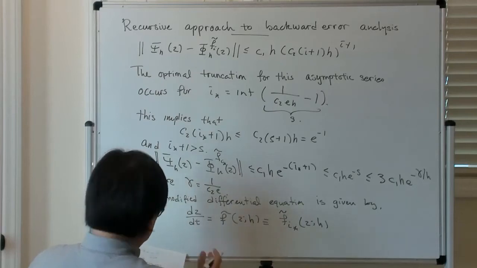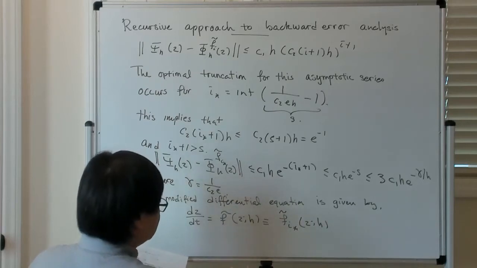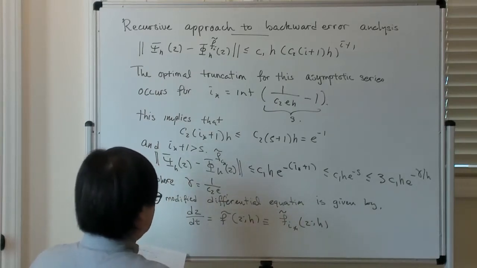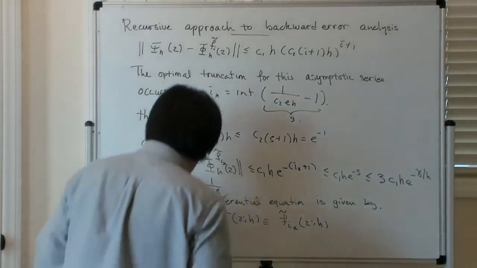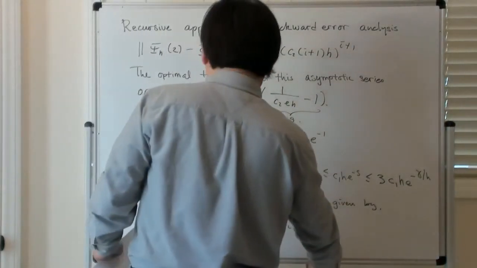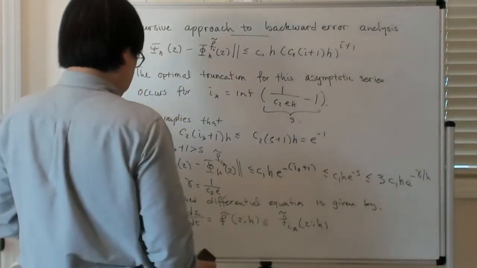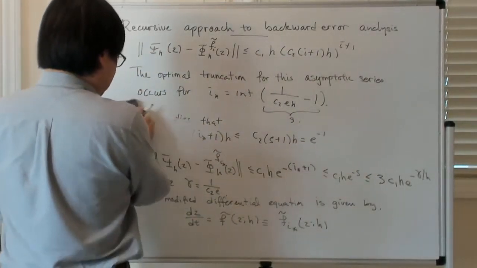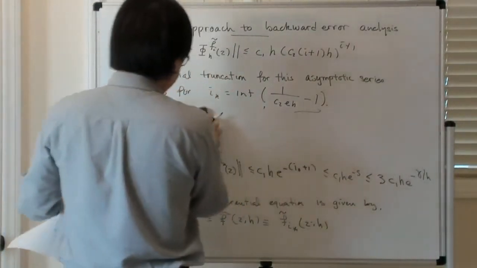This is in contrast to what you would have gotten if you had done the standard forward error analysis. All right, so let's see what happens if you had done the standard forward error analysis.